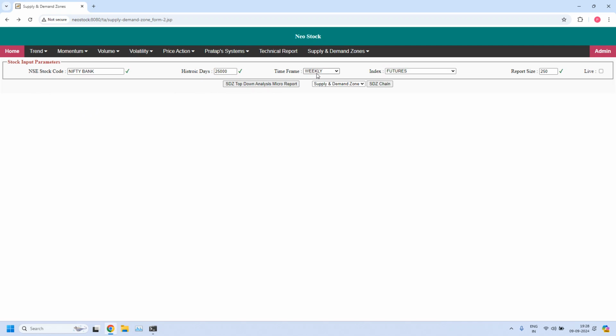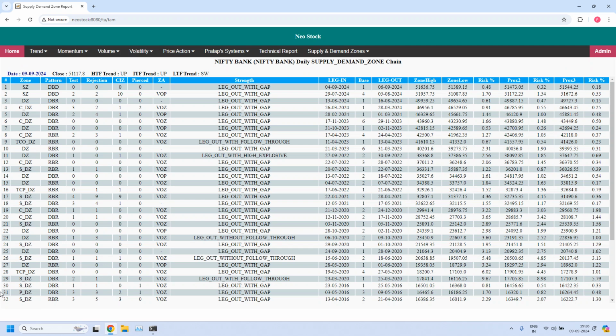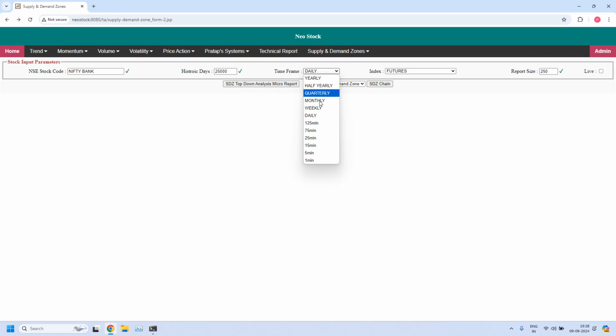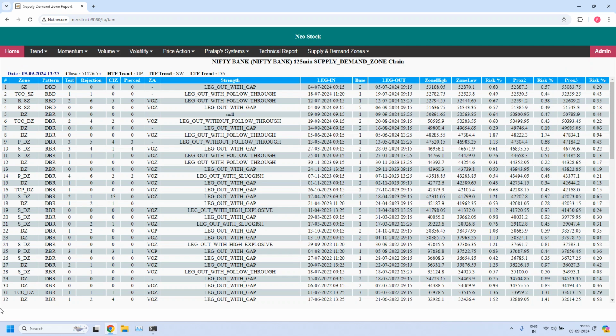Next time frame is daily, generating the daily supply demand zone chain for Bank Nifty. Next time frame is 125 minutes, generating the 125 minute supply demand zone chain for Bank Nifty.